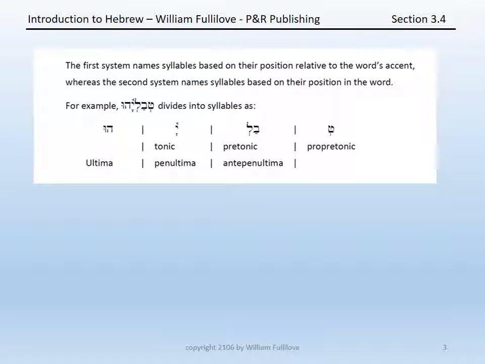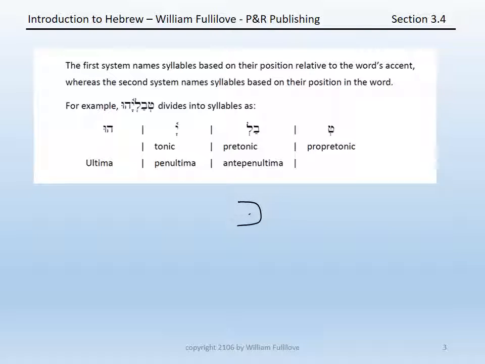The first system, then, is actually naming syllables based on their position relative to the word's accent. The second system is naming the syllables based on their position in the word. Now, for many words, because the accent is the final syllable, that will be the same.